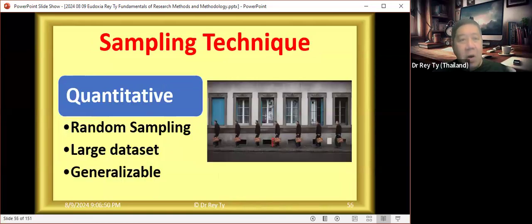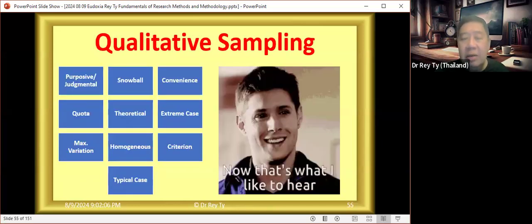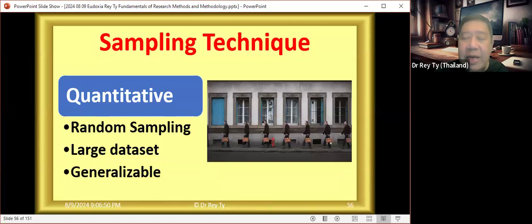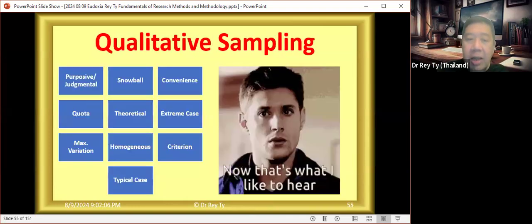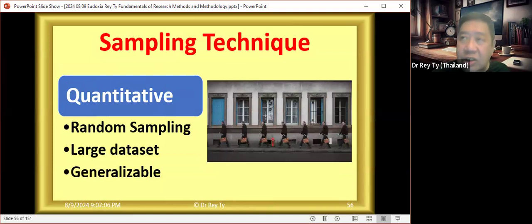Okay. But in quantitative, you cannot do judgmental or snowball. It has to be random. Everyone should have an equal chance of being selected. And in qualitative, it's very few. In quantitative, it's a large data set. Sometimes it's called big data or metadata. And oftentimes they are generalizable because you have a big number of participants.